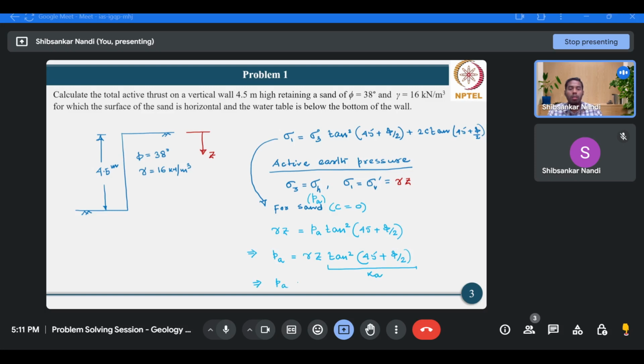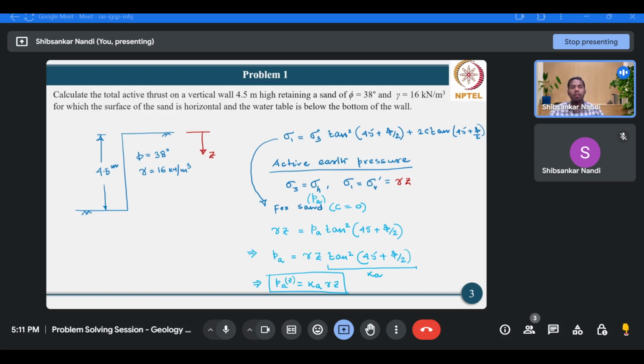So PA will be KA gamma z. Okay, so this is the variation of active earth pressure with Z.